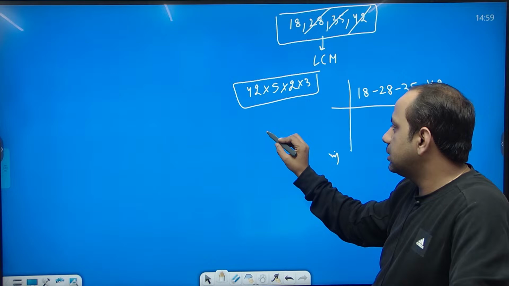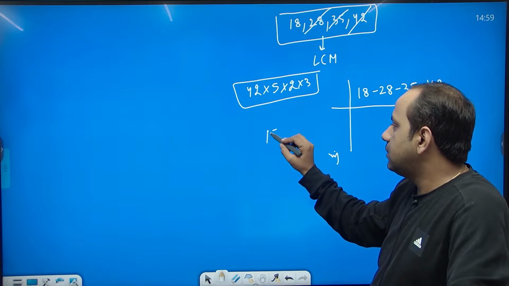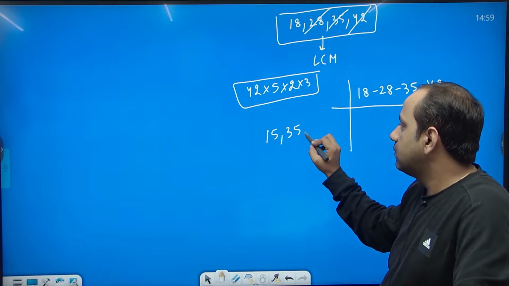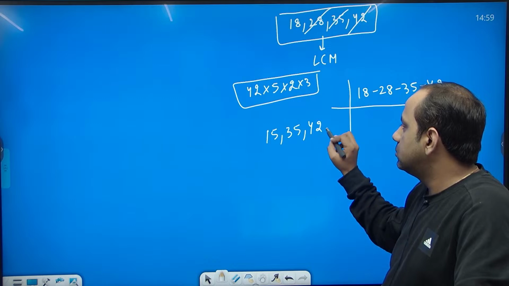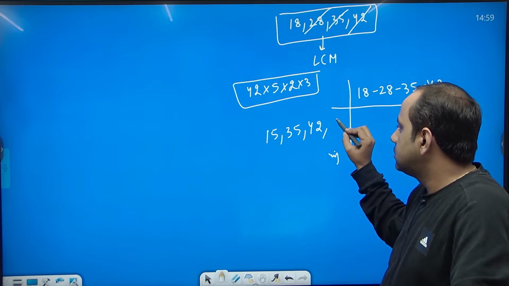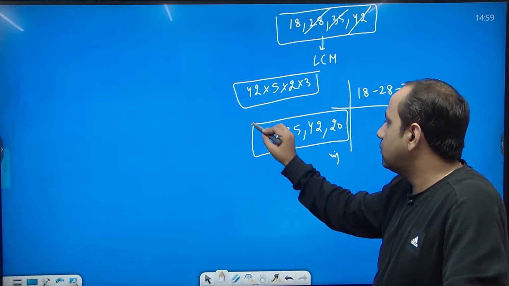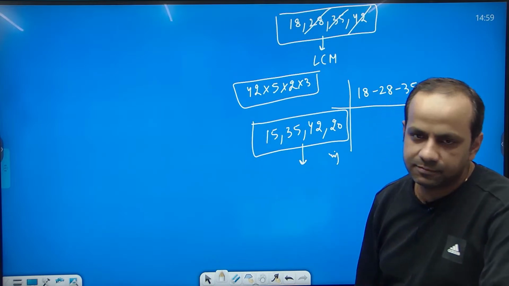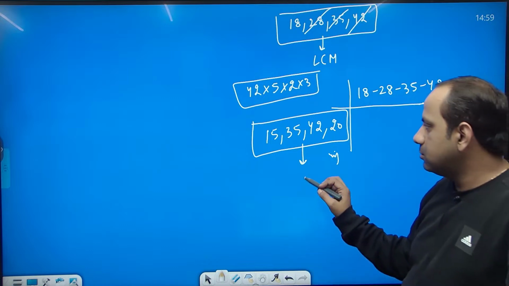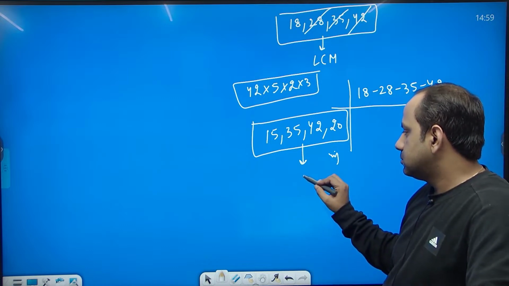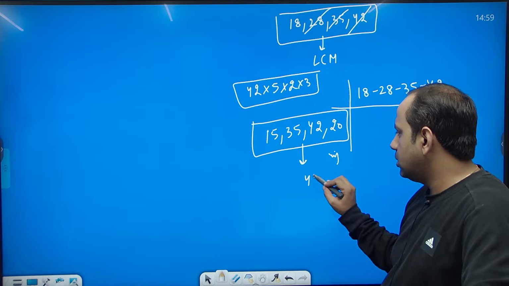Let's take one more example. If I say 15, 35, 42 and 20, I need to take LCM of these 4 numbers. Try this now. First of all we will write down which one? 42.